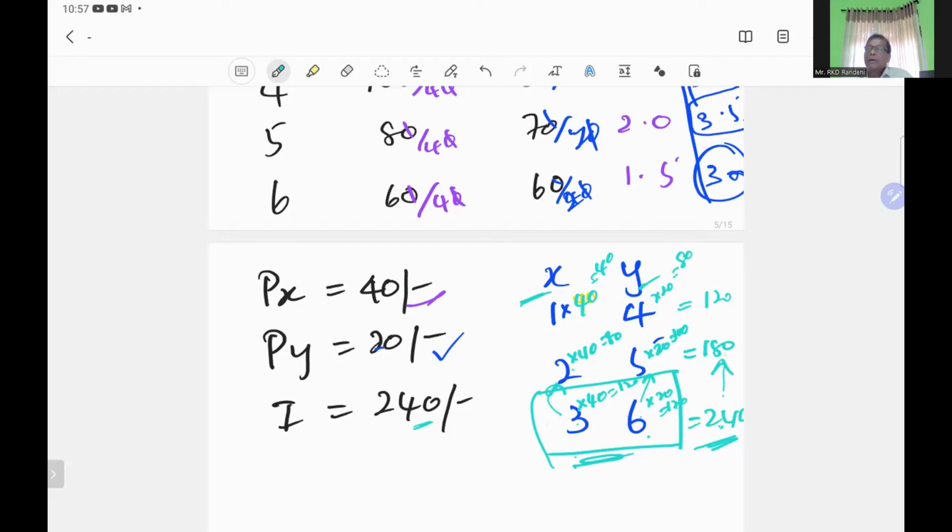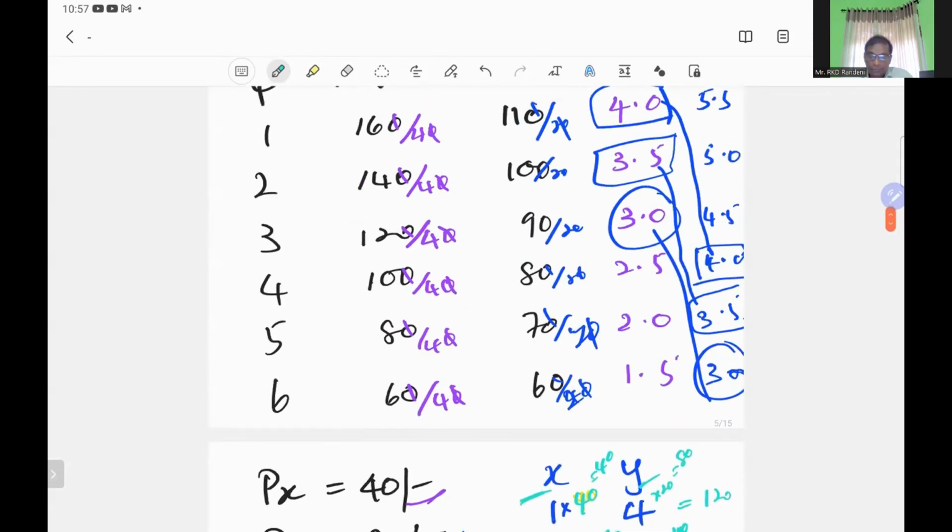Income reduced, the purchased goods also reduced. Likewise, you can realize the relationship between income and consuming or purchasing. Likewise, you can see so many things here.